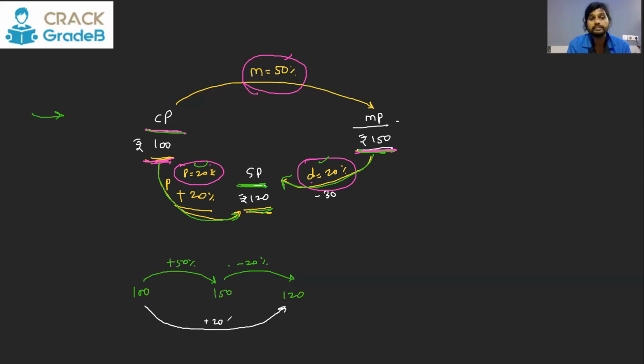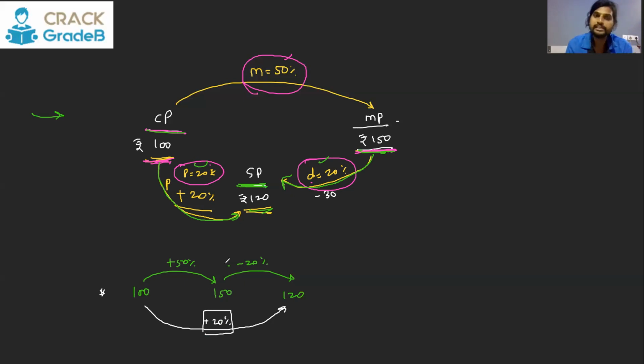And that is a 20% increase. And we say that is the profit. So if you have seen the percentage video, you must recall, this is exactly the successive percent change. Because you change the number twice, first with a 50% increase, then with a 20% decrease.